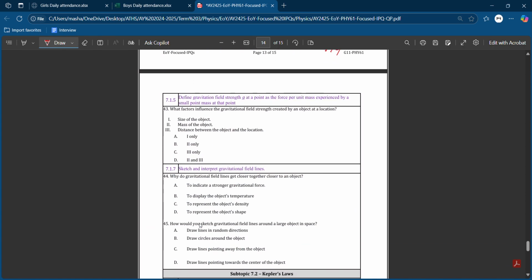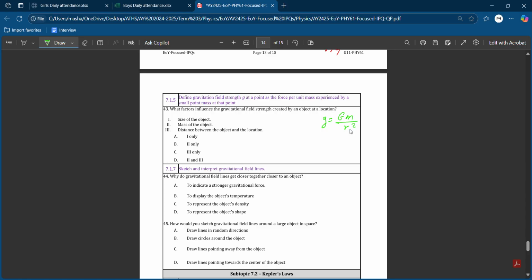For question 43 and the rest of the questions, again, I want you to know this information, such as if you want to calculate the gravitational acceleration for anything, it's G times M over R squared. Again, if you want to study the field line behavior, if it's closer, it means that we have a stronger field.